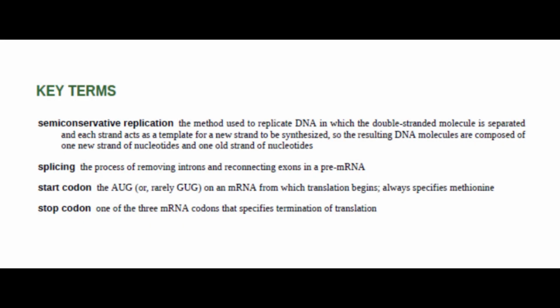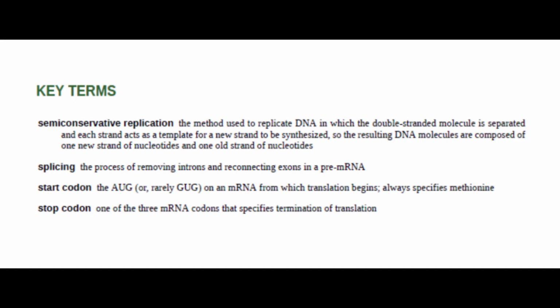Semiconservative replication, the method used to replicate DNA in which the double-stranded molecule is separated and each strand acts as a template for a new strand to be synthesized, so the resulting DNA molecules are composed of one new strand of nucleotides and one old strand of nucleotides.